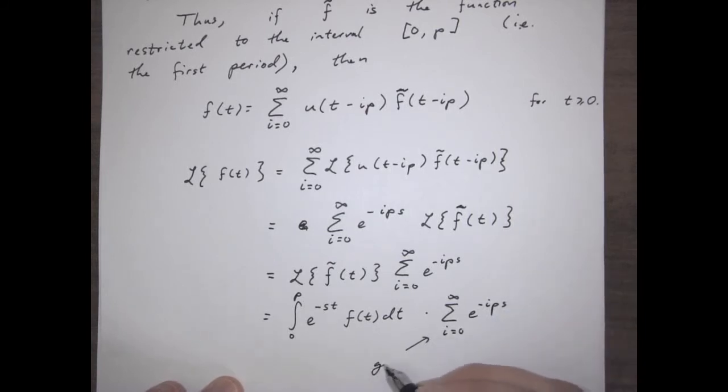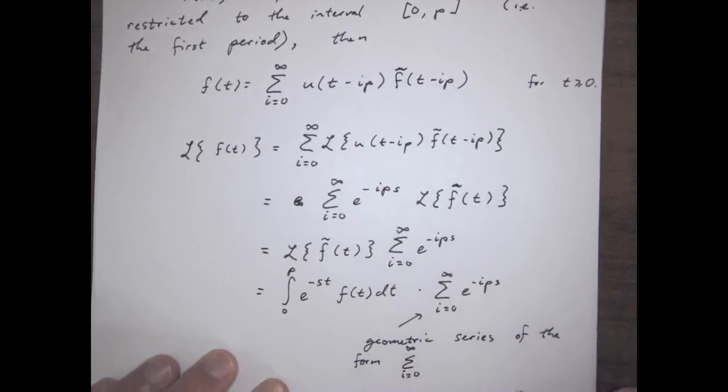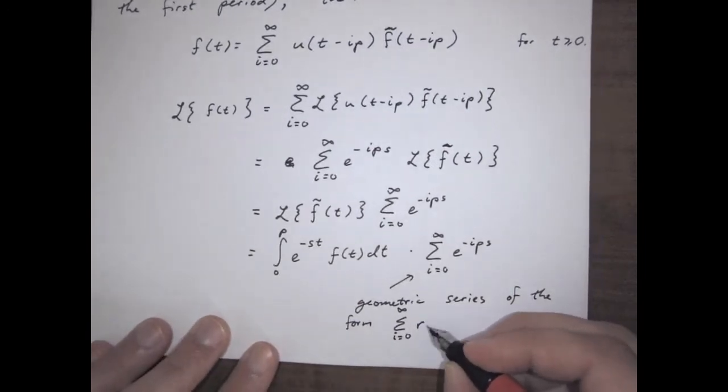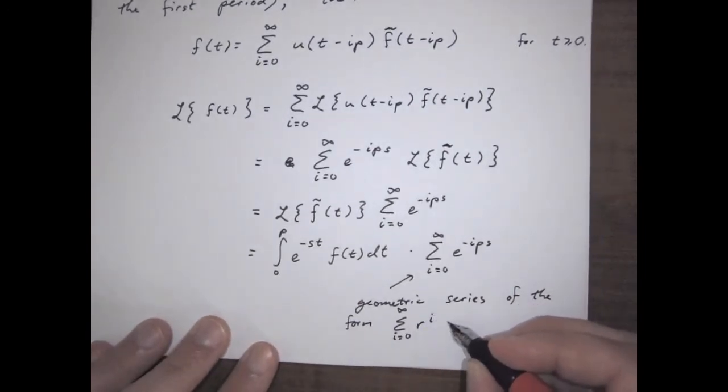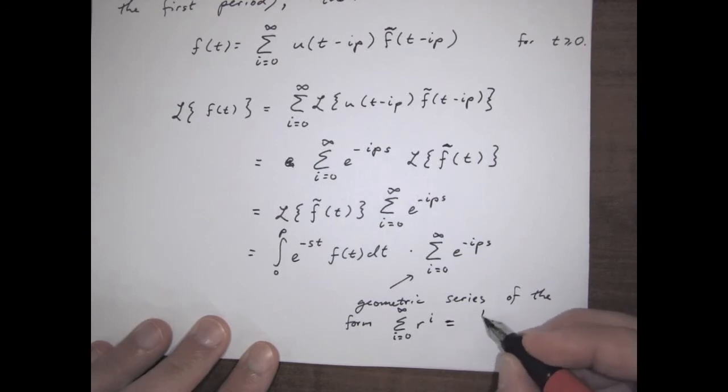So this is a geometric series of the form, in other words, being geometric means we have the sum from 0 to infinity of r to the i, which equals 1 over 1 minus r.